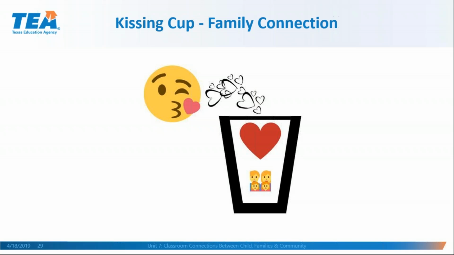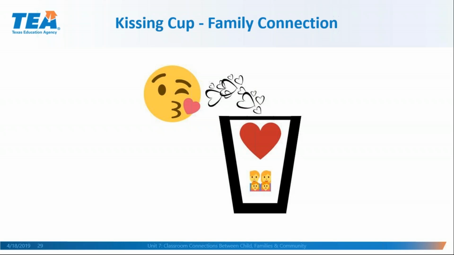And then the child would take the kissing cup over to their cubby. And if they needed a kiss during the day, they could go to their cubby, take out their kissing cup, open it quickly to grab a kiss, and then put the lid back on.